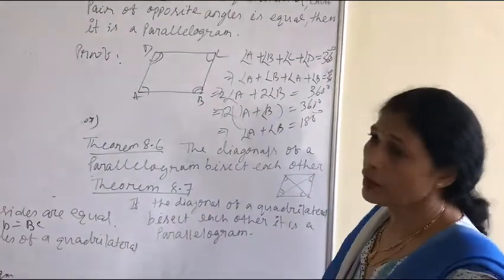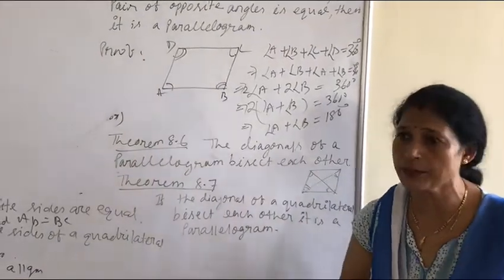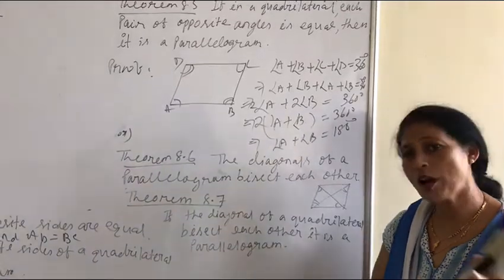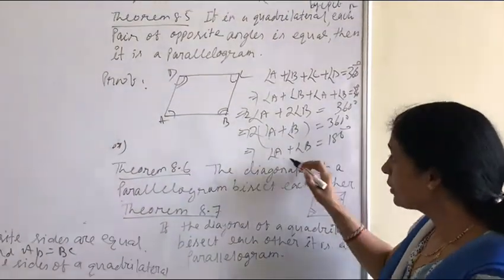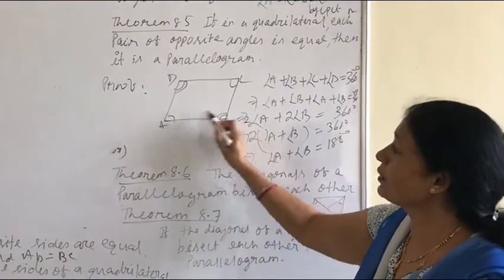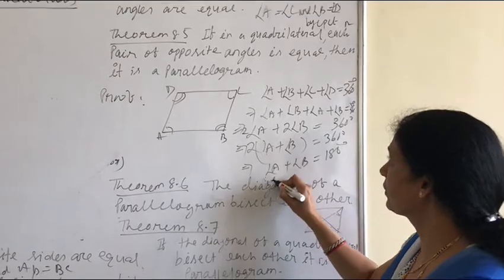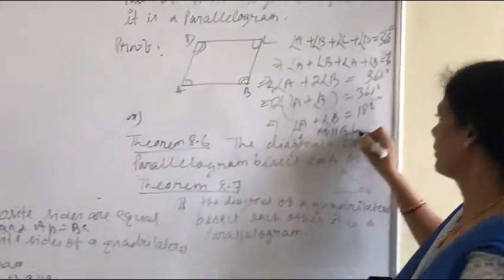That means you know that if two parallel lines are cut by a transversal, then co-interior angles are supplementary. That means the sum of A plus B is 180. That means AD parallel BC.